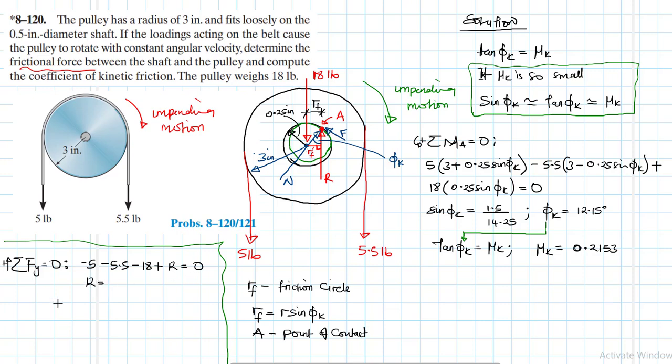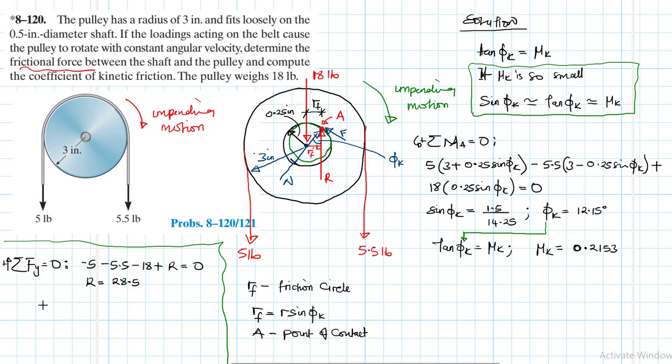Therefore, our R is going to be equal to 5 plus 5.5 plus 18, which is 28.5.